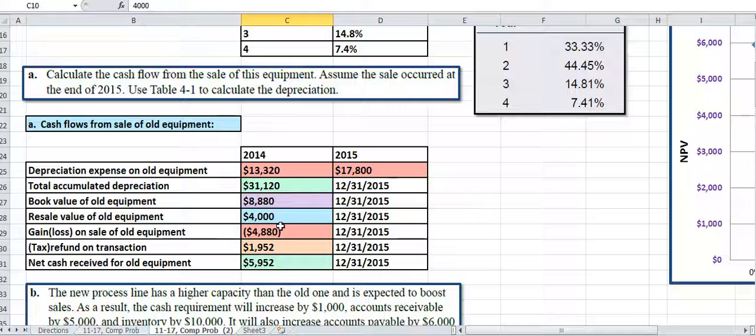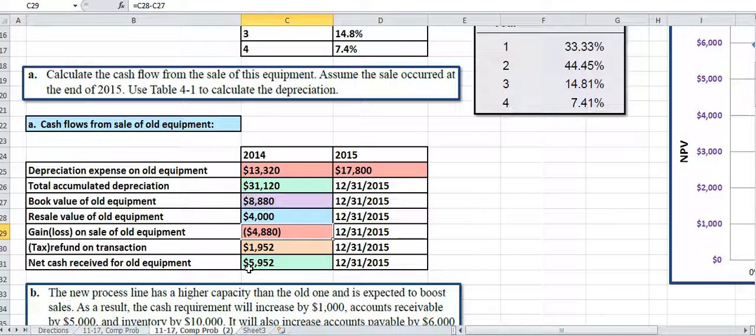Now, since the book value is over double what we're actually going to be able to sell it for, this is a loss. We're going to take a loss when we sell the old equipment of $4,880. So that goes in as a negative, as a loss. And what that means is we're going to be able to take this off of our taxable income.